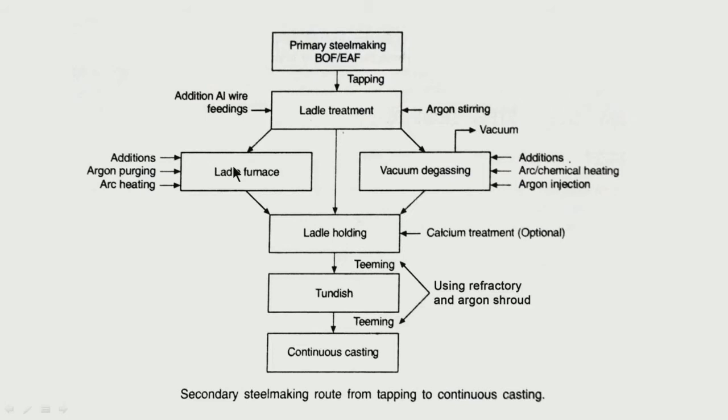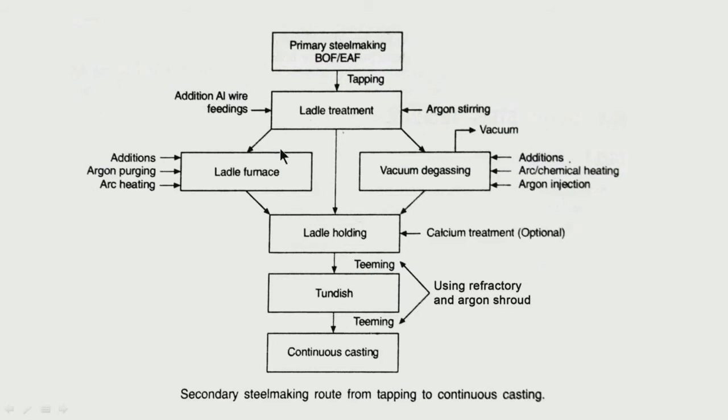So additions for slag formation, as well as additions for getting alloying elements of proper quantity. That means ferroalloy addition can be done here. We can do argon purging also here. We can do arc heating too, if it is a ladle furnace.